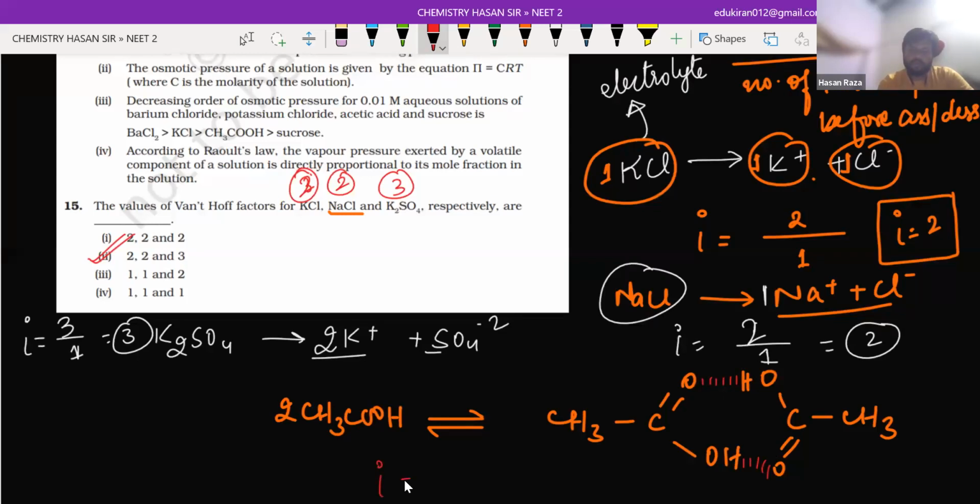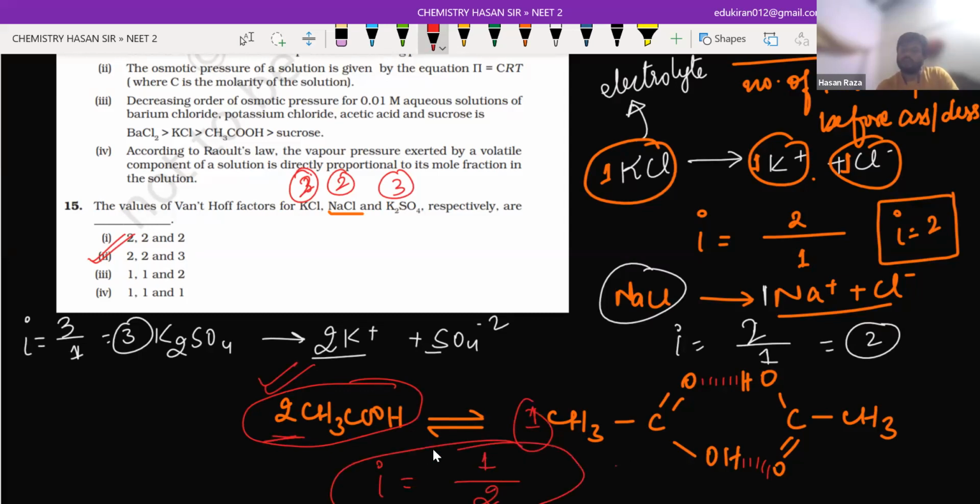So if you are going to check the value of the van 't Hoff factor i, before association it is 2 moles, so you put this in the denominator, and after association takes place, 2 moles convert into 1 mole. So it is called association. It associates. So the value will be 1/2. This is an example of association, and all 3 examples that I gave you earlier are dissociation.